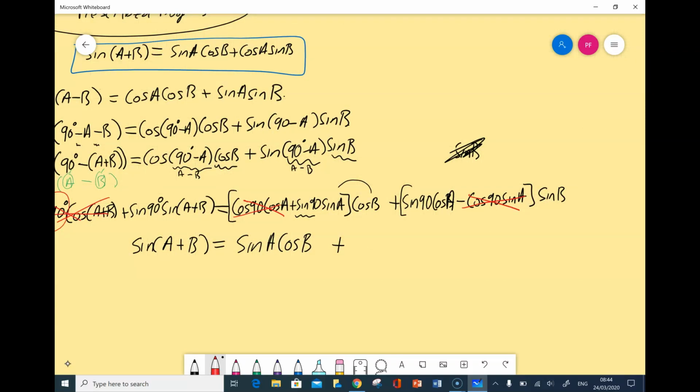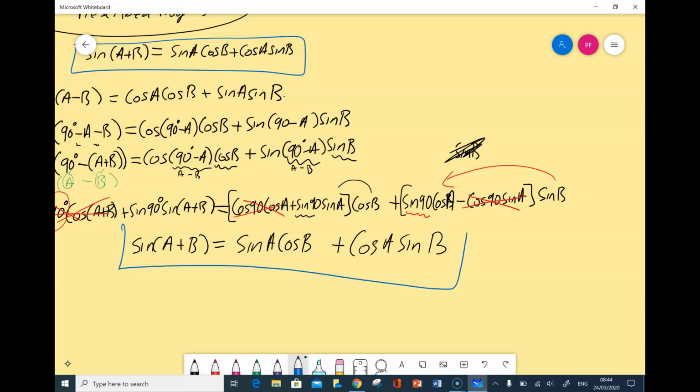Sine 90 turns to 1, so it's just going to be sine B by cos A, so that's just cos A sine B. Okay, tricky enough proof, but yeah, we've done more difficult ones, I think.